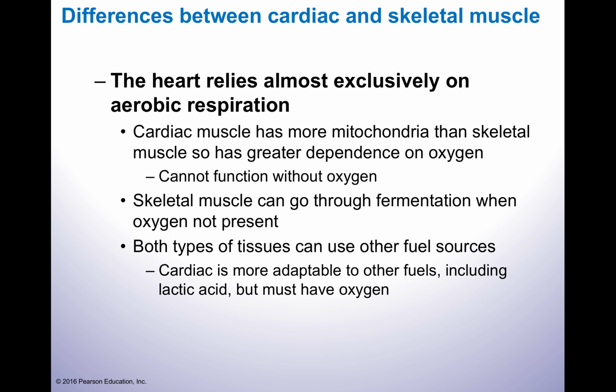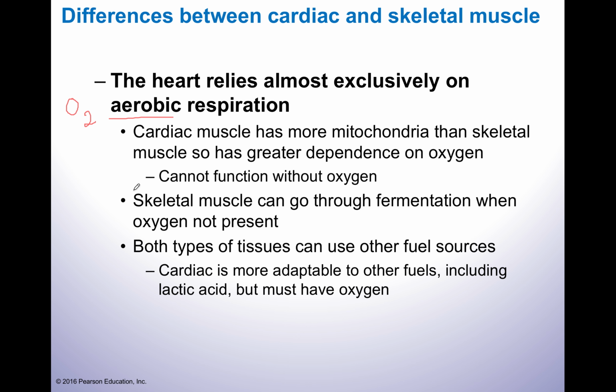Now, the other main difference that we discuss is the utilization of oxygen to produce energy. So in the heart, you exclusively rely on an aerobic reaction. If you are not familiar with the word aerobic, aerobic means that it requires O2, so oxygen.